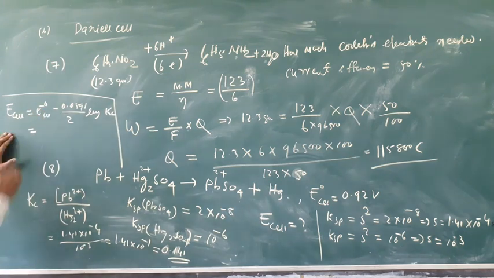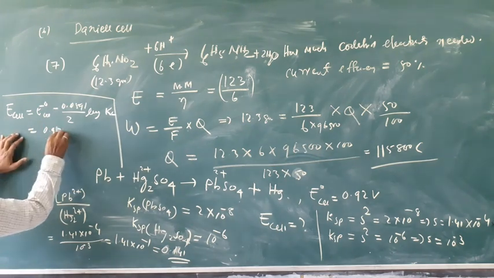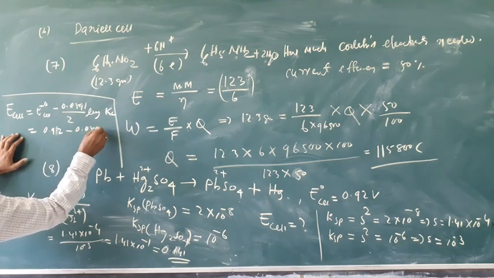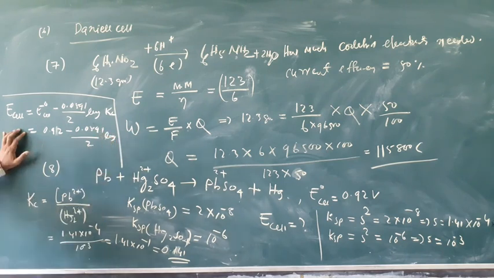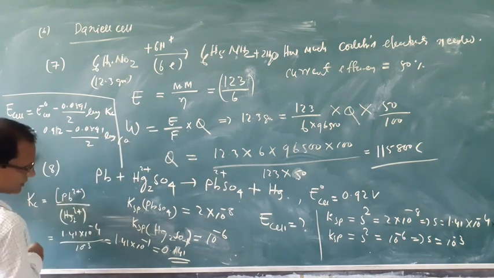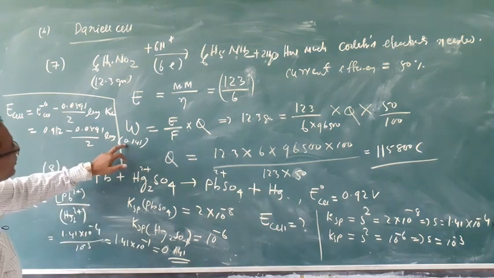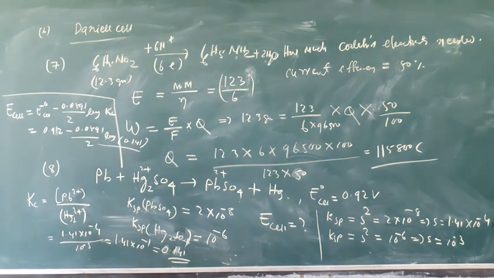So E naught cell is 0.92 as per the question, minus 0.0591 by 2 into log of Kc value 0.141. Using the logarithm table, you will calculate the value of this log, and then E cell will be calculated.